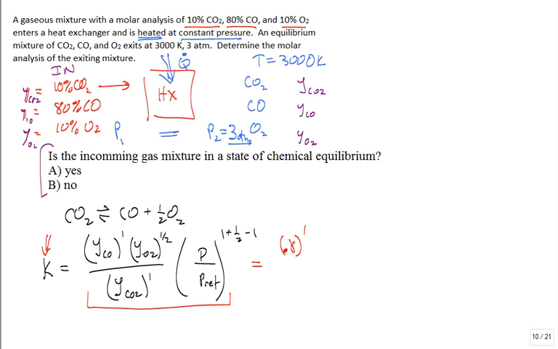If you have a calculator, please get it out and run this for me. 0.1 to the 1/2 divided by 0.1 to the 1/2. Those are going to cancel, save you a little work right there. True? And then we're going to have 3 over 1 to the 1/2. So 0.8 times the square root of 3. What do you get? 0.8 times the square root of 3.